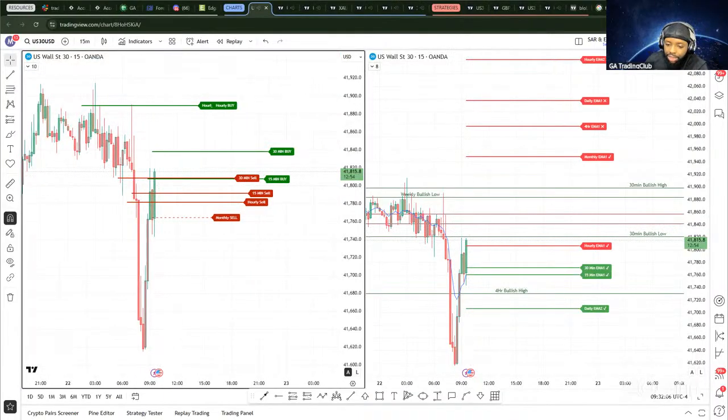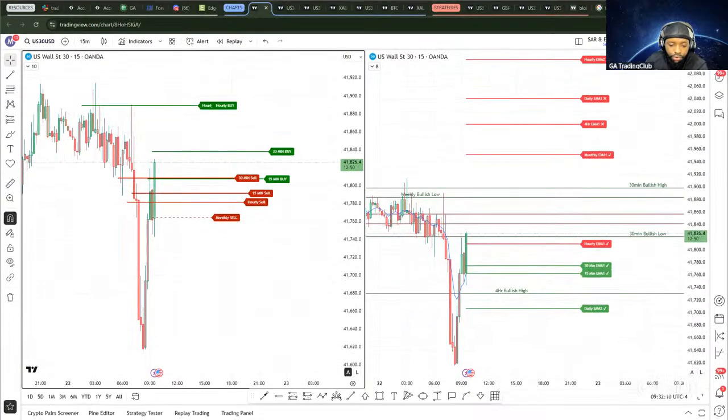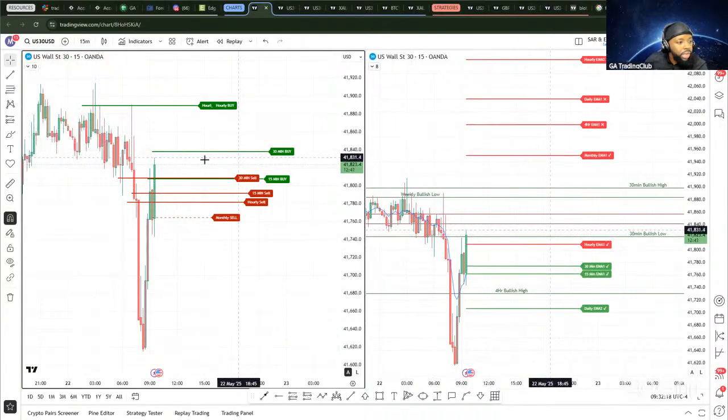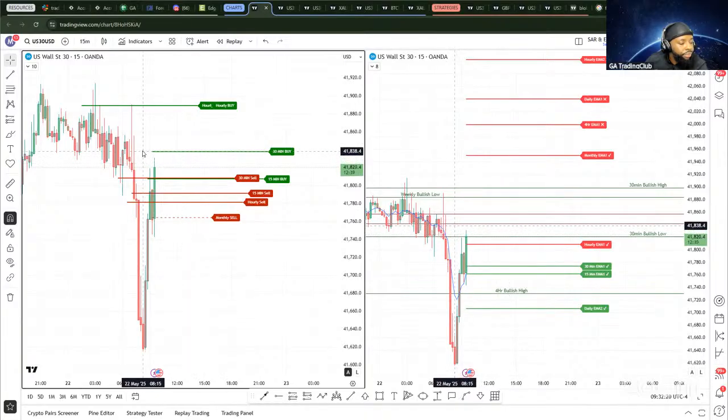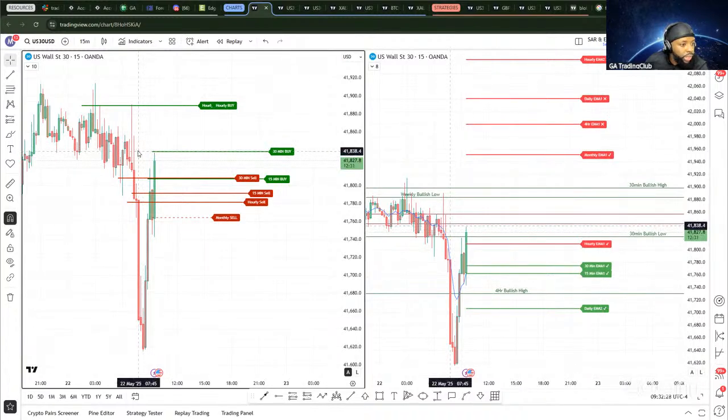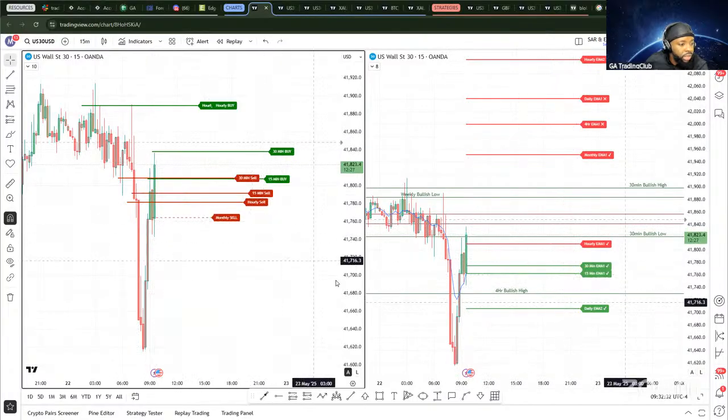I think I forgot to reset one of my accounts. The sell would be at 8:48, so as soon as we hit 8:48, I'm taking a sell on US 30.